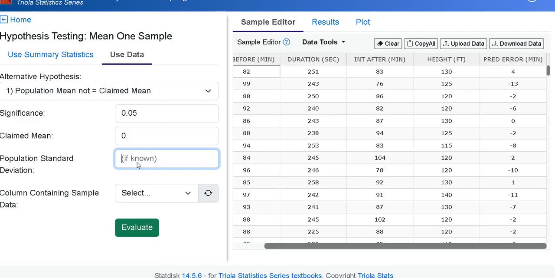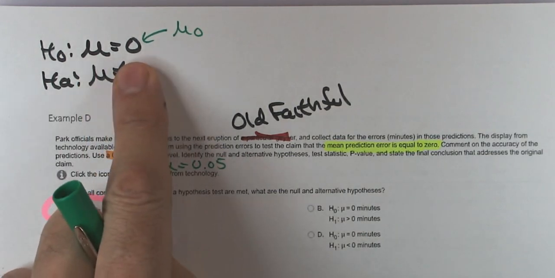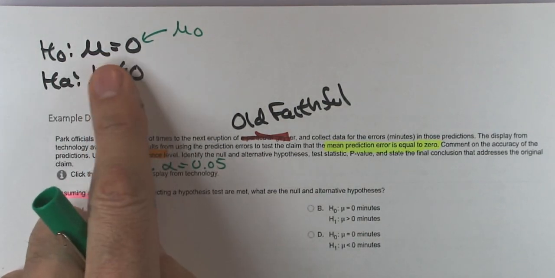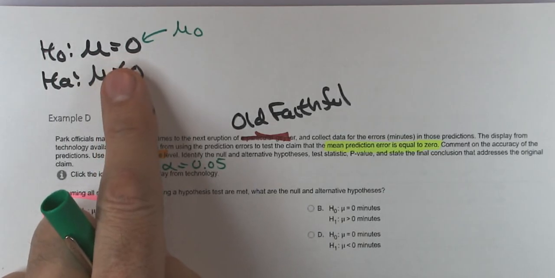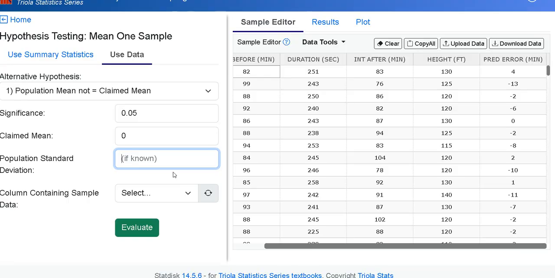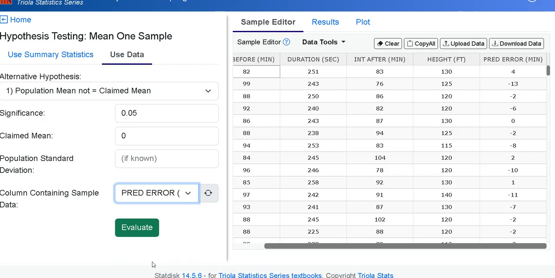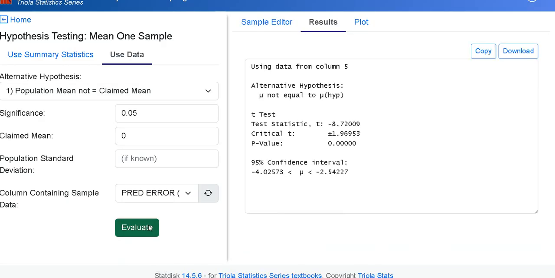No. Think what that would mean. That implies that somehow we don't know what the population mean is, which is why we're testing it, but somehow we do know the standard deviation. That just wouldn't make sense. So you're never really going to fill this in when you're using this test. The sample that contains your data, or the column that contains your data, is prediction errors, 0 minutes, and bam. There you go.